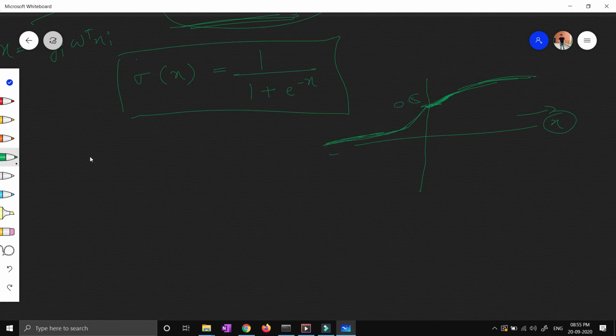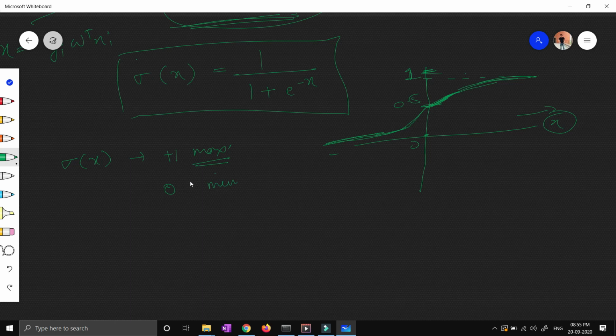Let me tell you one thing: if we see sigma x, the maximum value will be positive 1, right? And the minimum value is 0, right?